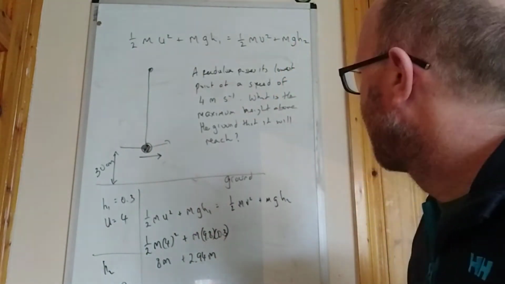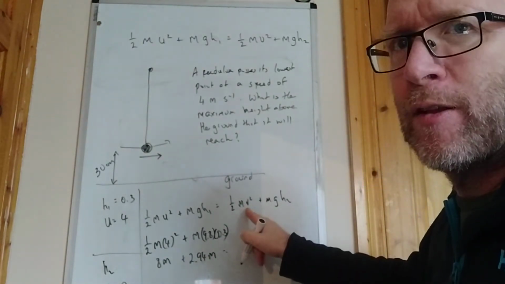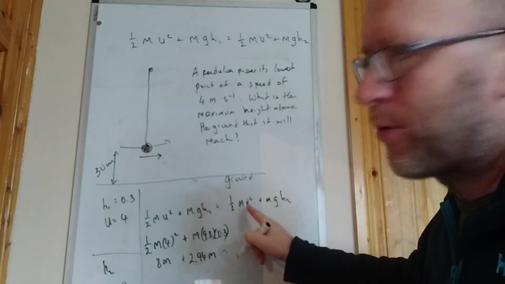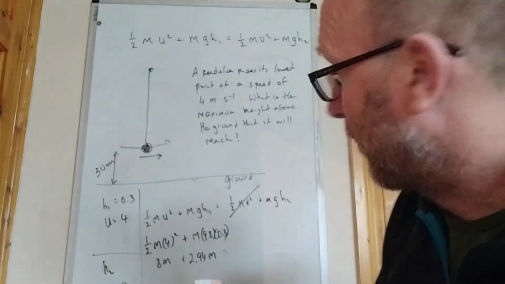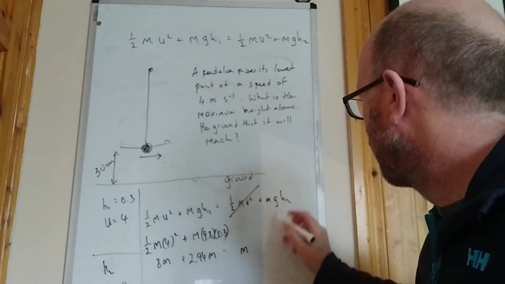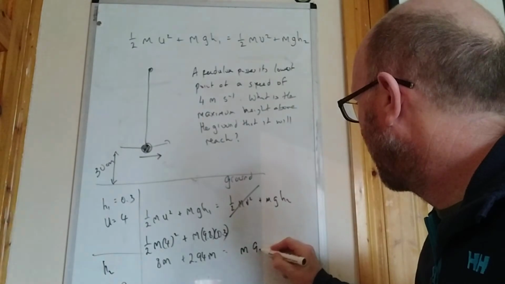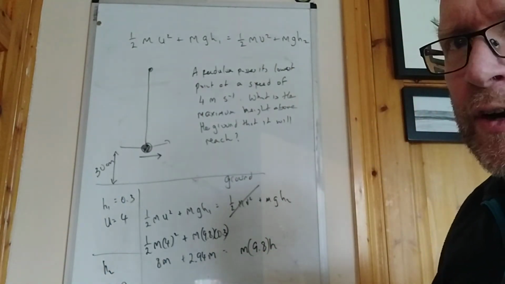Equals, afterwards, the kinetic energy, and this one we can cancel because the kinetic energy afterwards is 0, because our after is the maximum height and the velocity is 0, so that's gone. But we have our mass afterwards times g, which is 9.8 again, and we don't know what the h is. We could have done it earlier, but we'll do it now.